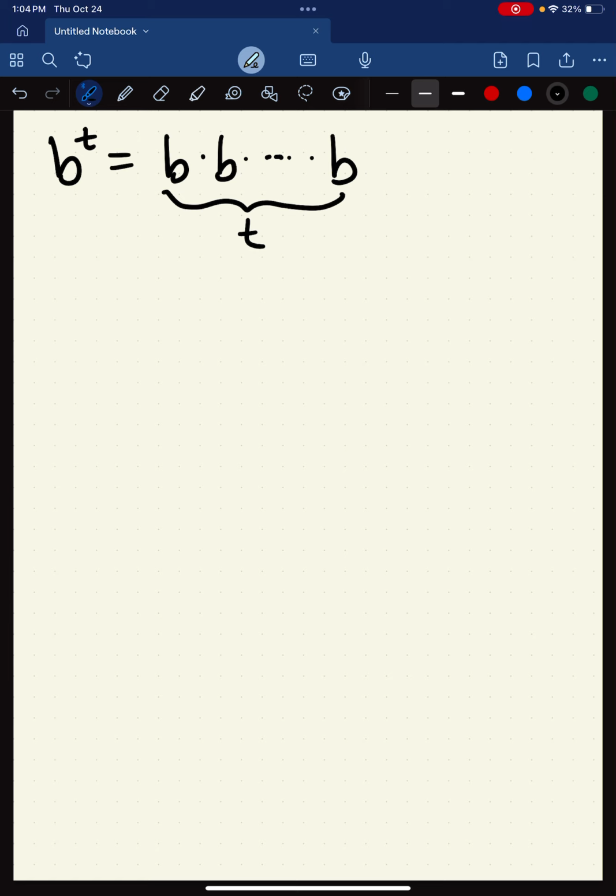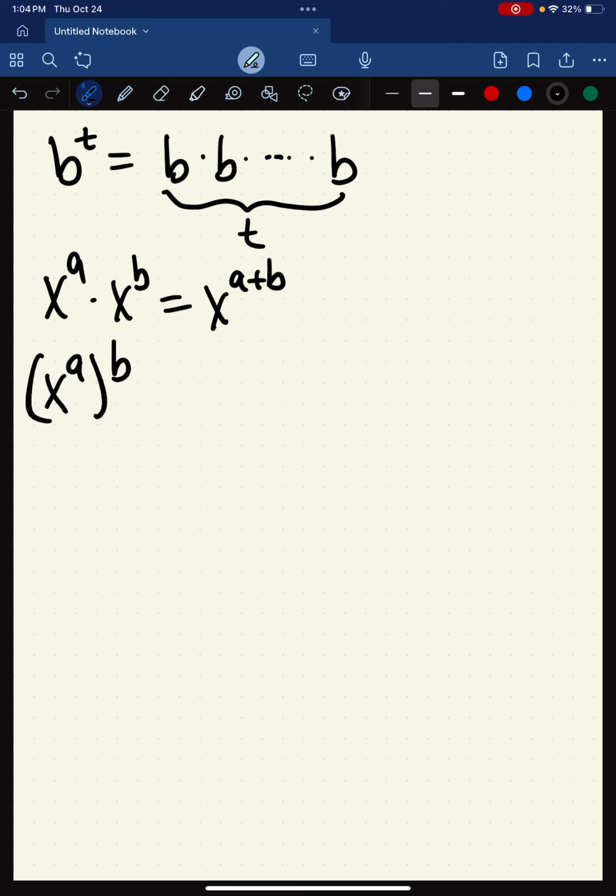We'll just ignore that. So we learned first that x to the power of a times x to the power of b is x to the power of a plus b. And then we learned that x to the power of a all to the power of b is x to the power of a times b.